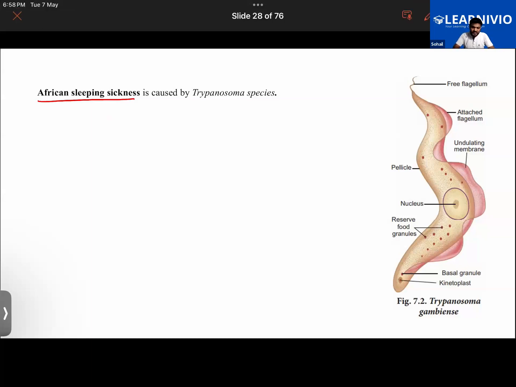This is caused by another type of protozoa called Trypanosoma gambiense. Although this one is not important for you, you should still know that this kind of disease is also spread.